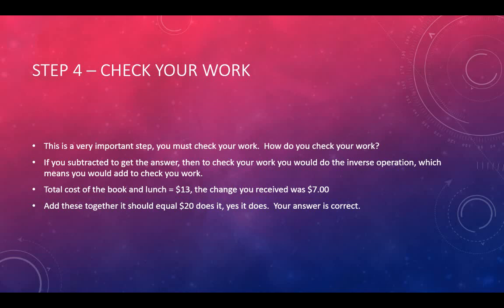So what we would do is take the total cost of the book and lunch, which is $13, and the amount of change that you received, which was $7, add these together, and it should equal $20. Does it? Yes, it does. So your answer is correct. Your answer is $7.